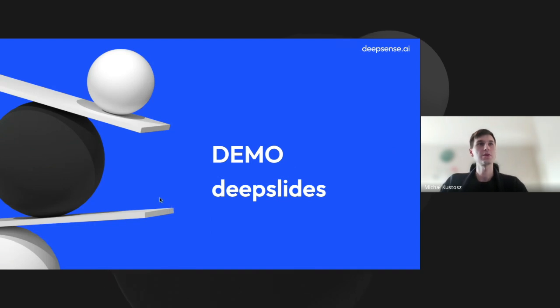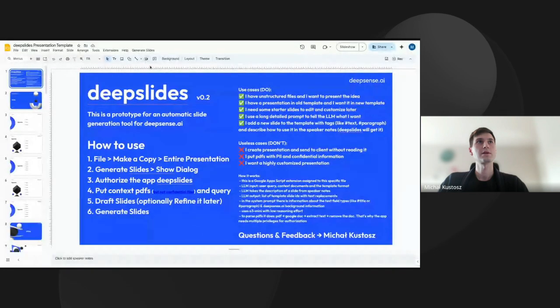I would like to show you an example of how structured outputs are used in a sample application I created. This is an extension to Google Slides which can generate slides. It is called deep slides.